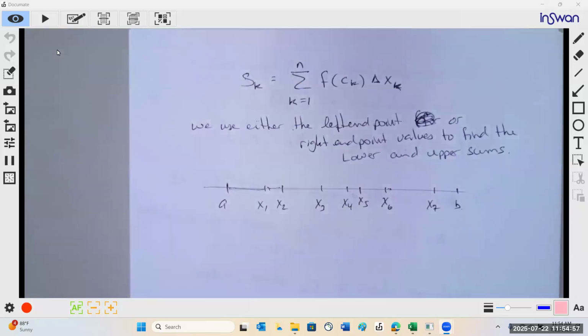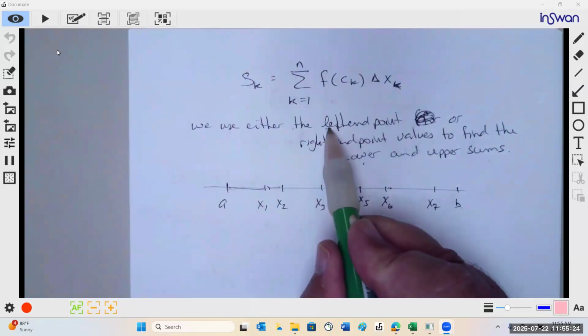In other words, why would it matter which one you choose? If you want to have less than the actual area, then you try to find the lower sum. If you want to find more to be safe, more is safer, at least it's contained in there, then you look for the upper sum. And eventually, as the limit, as they approach both sides, we'll get to the final answer, but that's another story.